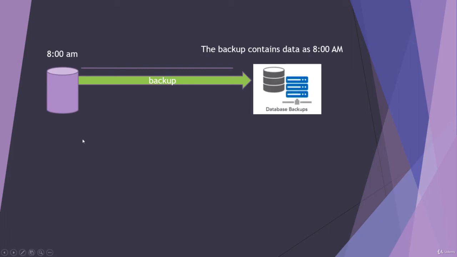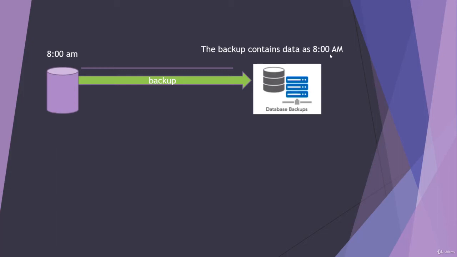Now I have my database. Now the clock is 8 a.m. I try to make a backup at 8 a.m. So I have this backup, which contains data as of 8 o'clock. Now maybe the backup will take 2 hours, 3 hours, whatever.